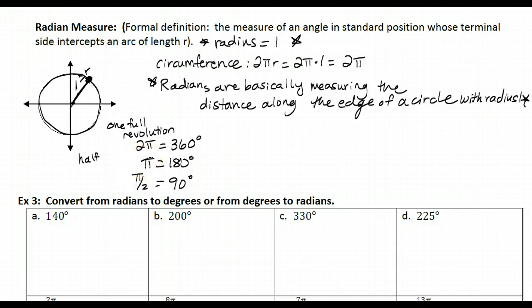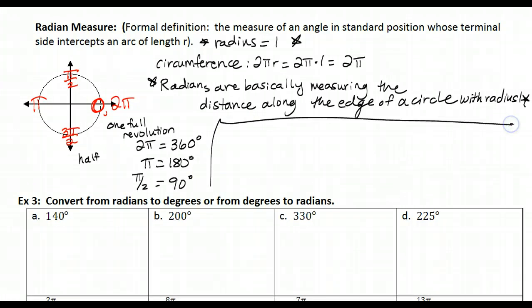So that's how that translates. And if I look at my circle here, my radian measurement would start here at 0, just like the degree starts at 0. So at 90 degrees, it's pi over 2 radians. At 180 degrees, it's pi. At 270, it's 3 pi over 2. And at 360, it's 2 pi again.